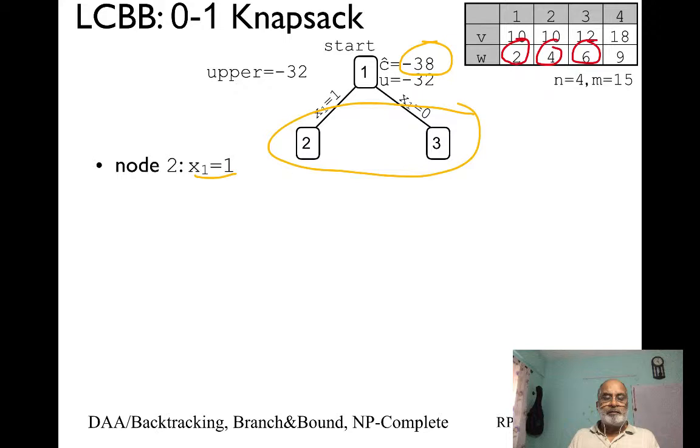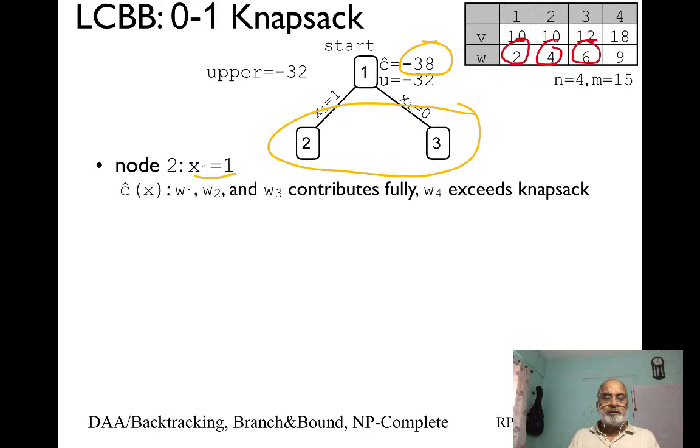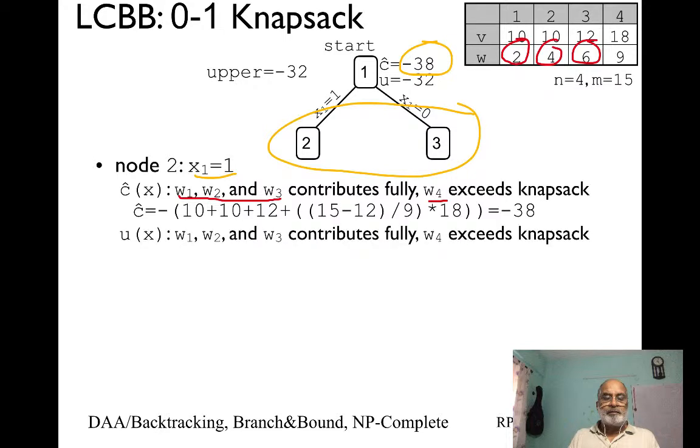So I do it partially, and computation wise, again W1, W2, W3 contribute fully, and W4 contributes partially, and the cost will remain the same as the root node, which is minus 38. And the same is true for my upper bound, because I'll include only these 3 nodes and not the 4th node. So my upper bound is minus 32, and this is what I assign.